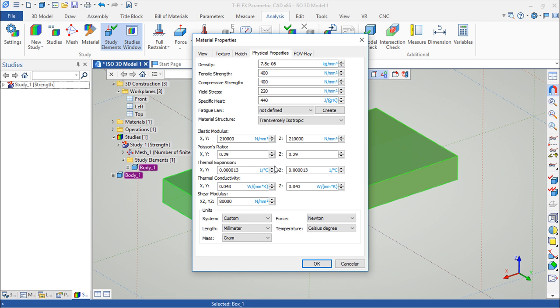I think it is a little easier to identify each one of these, transversely isotropic or orthotropic, by the possibility to define the physical properties different for each one of the axes, and in this particular case define it equal for these two axes.